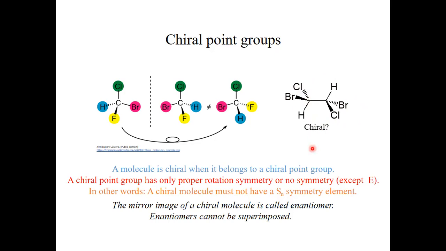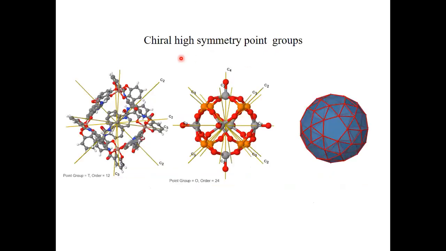All right, but now let's go to the chiral molecules that have a lot of symmetry elements. So remember these molecules here, and here the snub dodecahedron, had a lot of symmetry elements, but they are only proper rotational axes besides the identity.